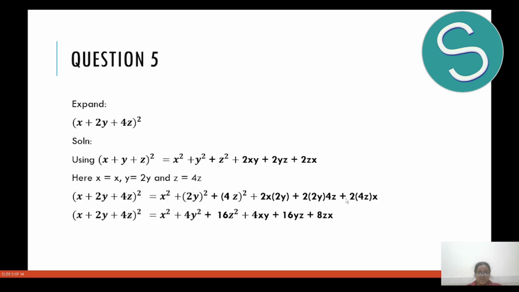So we will apply the formula by taking the squares first. x ka square hoga x square, 2y ka square hoga 4y square, and 4z ka square hoga 16z square.